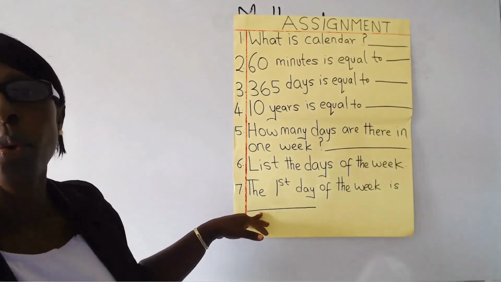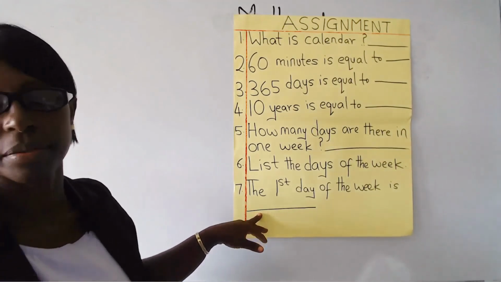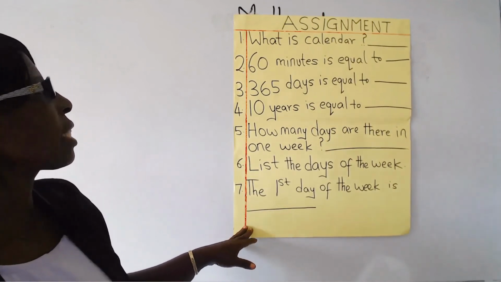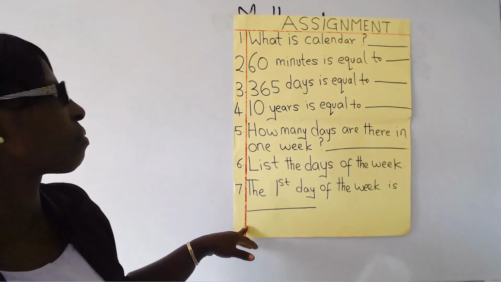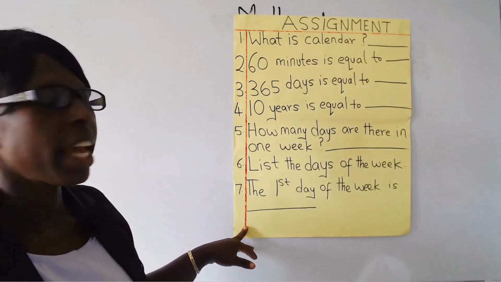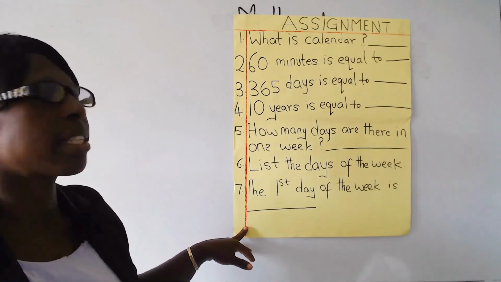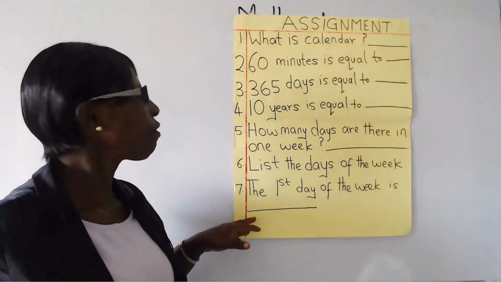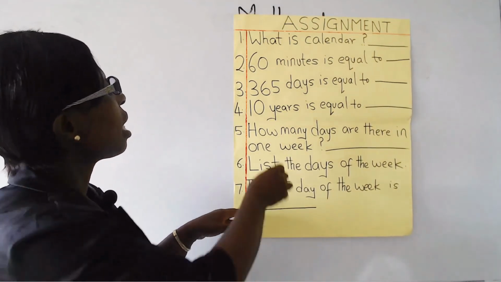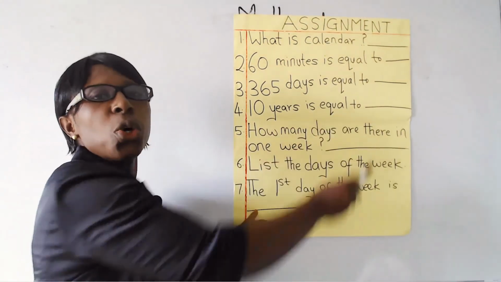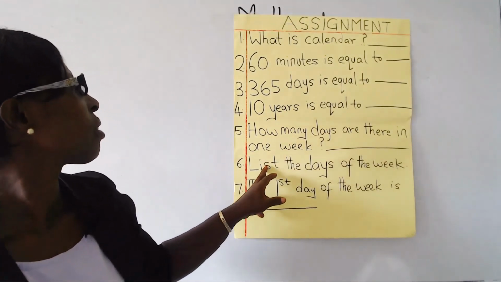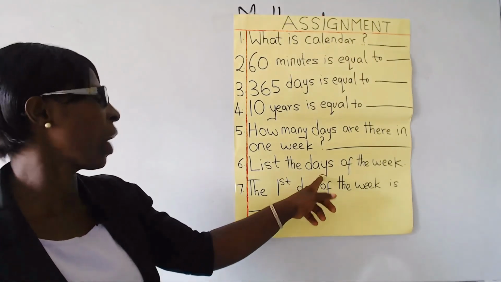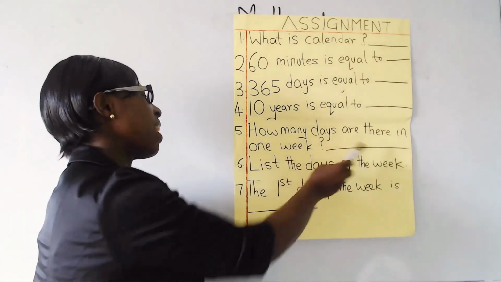Number 1, what is calendar? 2, 60 minutes is equal to dash. 3, 365 days is equal to dash. 4, 10 years is equal to dash. 5, how many days are there in 1 week? You write.